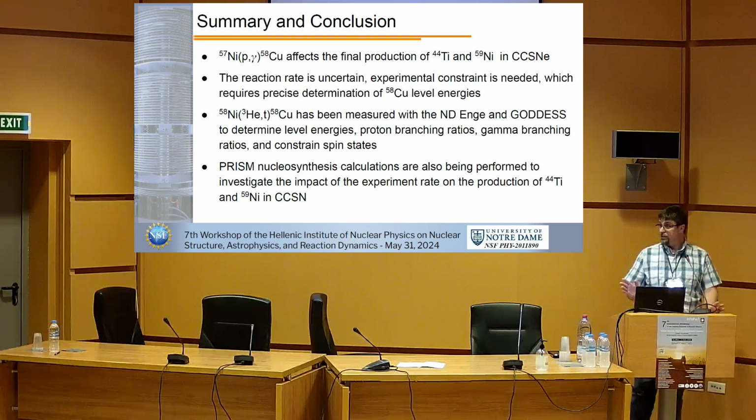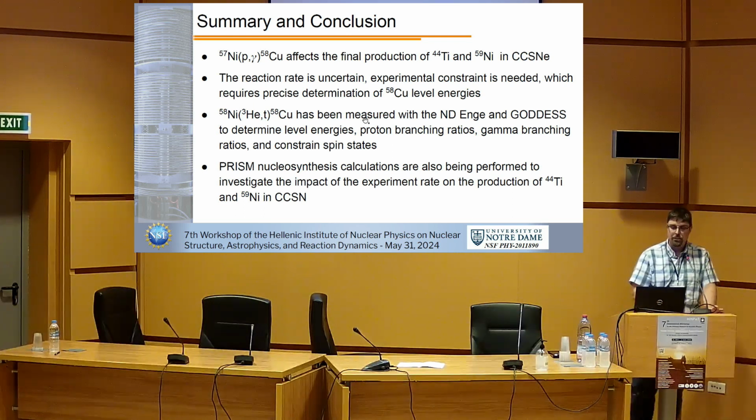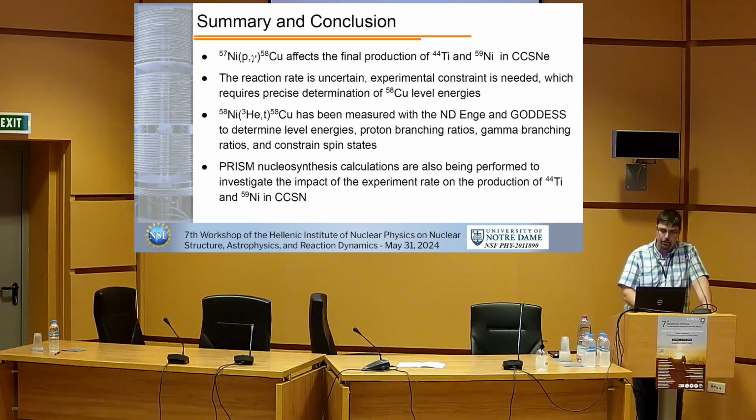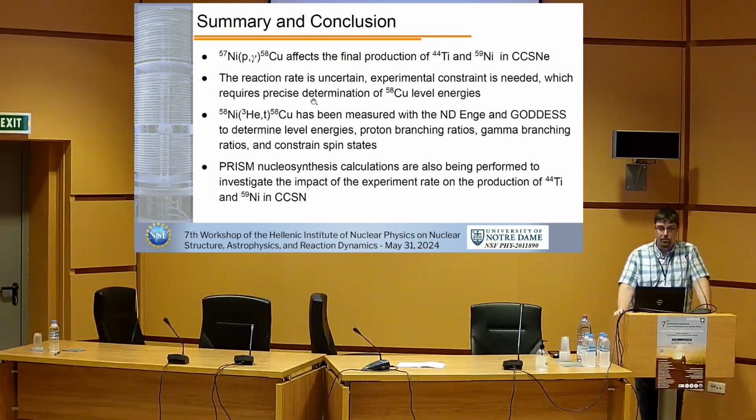So in summary, we want to understand the production of titanium-44 and nickel-59 in core-collapse supernovae. This reaction rate isn't certain because it's never been experimentally measured before, so information is needed about levels of nickel-60.